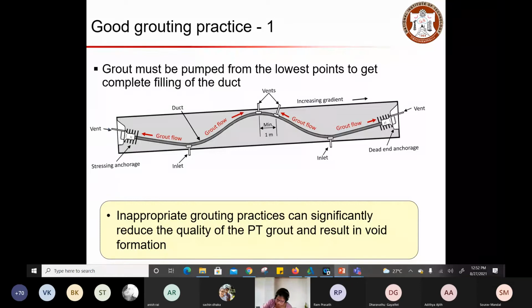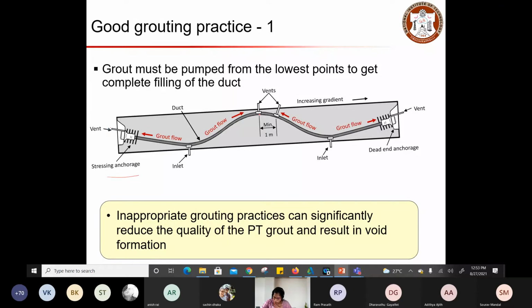So you can see the system arrangement here. You have a vent, and you have this stressing anchorage here at the end, which basically helps you apply the required stress. And this vent helps if there is any moisture or air that should come out through it when you have good grout flow.